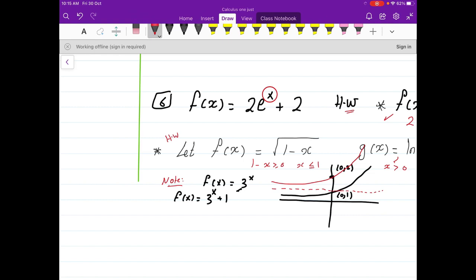The graph of this function approaches 1, and y equal 1 is a horizontal asymptote. Just to clarify, the graph is shifted up, so it will not approach the x-axis; it will approach y equal 1.